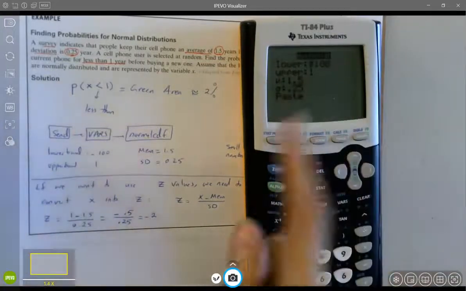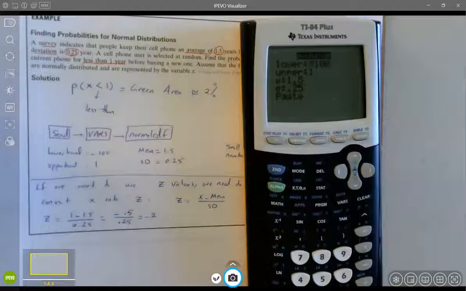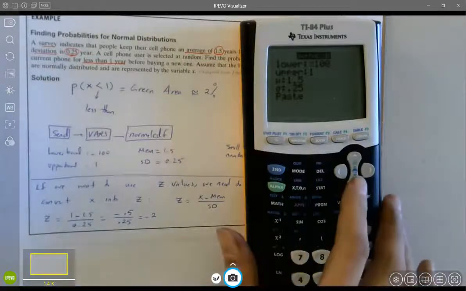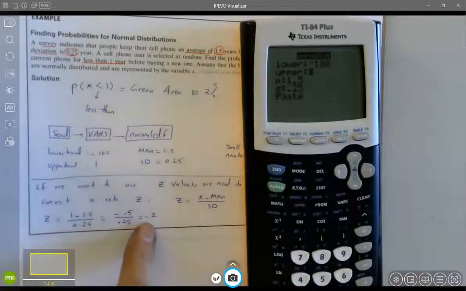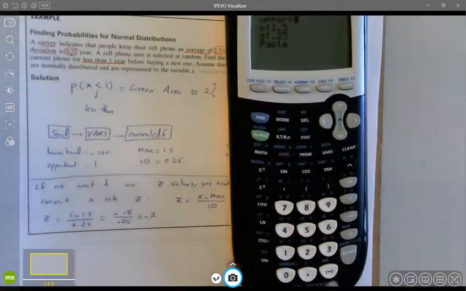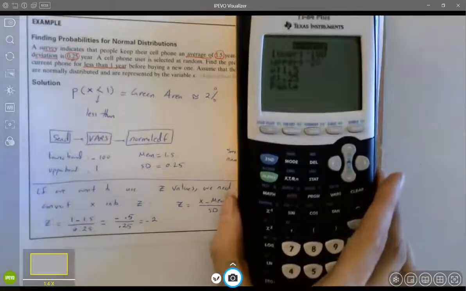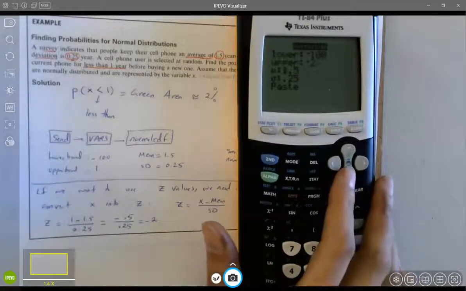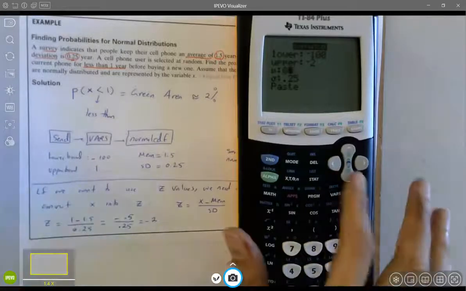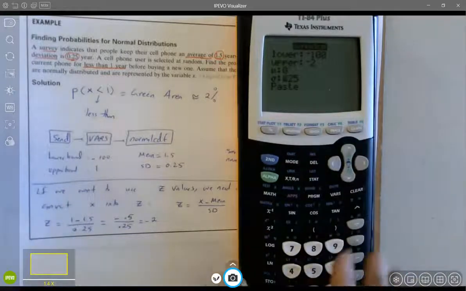Our lower bound, again, can be a negative number, negative 1,000, negative 100. Your upper bound is now -2, so a minus sign, -2. The mean of the standard normal distribution is 0, and the standard deviation is equal to 1.